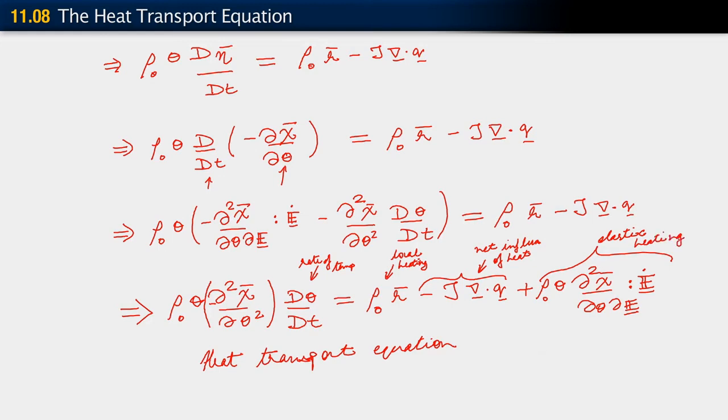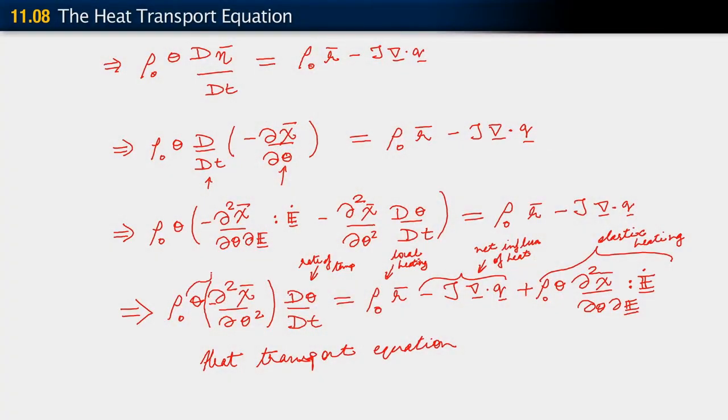Elastic for obvious reasons. We've already established the fact that the derivative of chi bar with respect to E is the stress. Okay, so clearly there's an elastic effect there. But it shows up on the right hand side and it is contributing to the temperature rise, so it must be doing something to it with regard to heat. Okay?